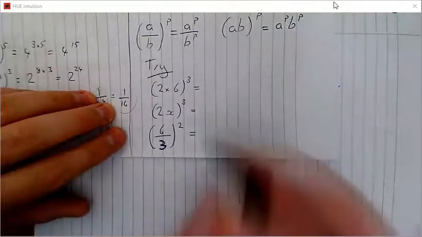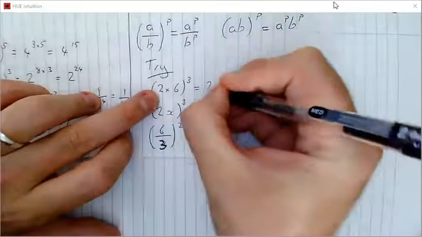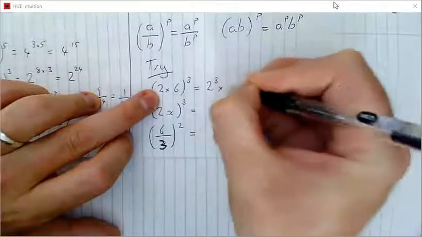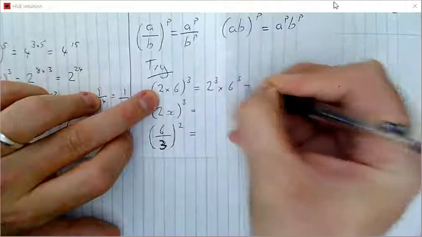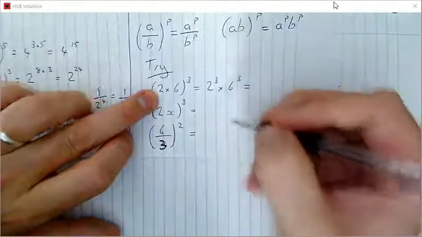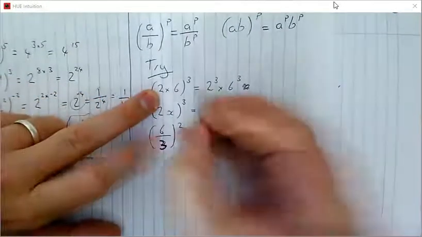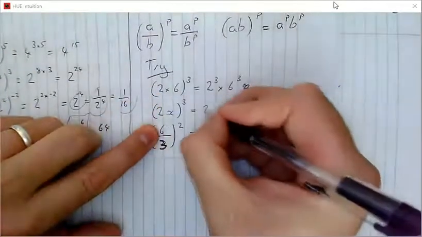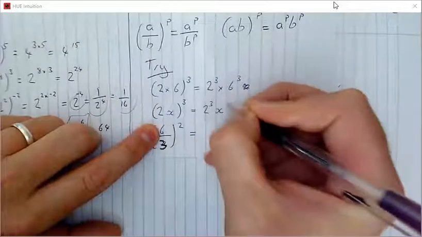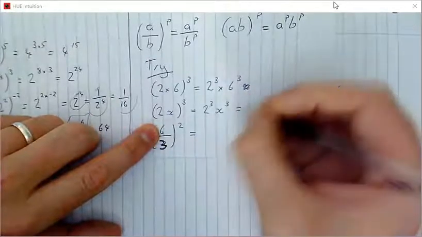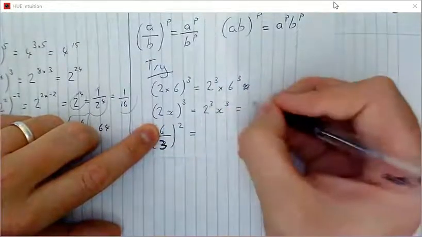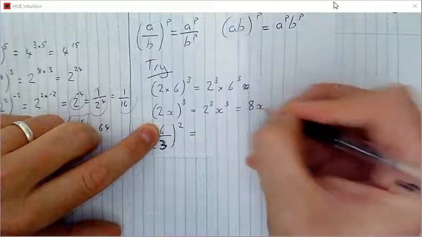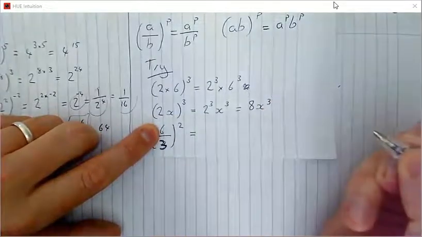Right, hopefully you have said that is 2 cubed multiplied by 6 cubed. Okay, if you want to go and work that out further, you can, but that's all I'm interested in: do you know that that's how it works out? Okay, the 3 distributes. Here, that's 2 cubed multiplied by x cubed. And you'd probably tidy that up because 2 cubed is easy enough. That's 8x cubed.